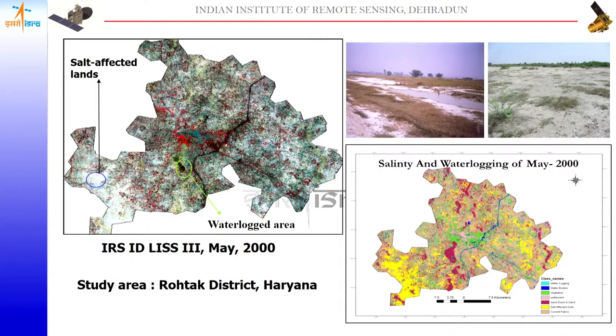So you can map the salt affected soils. You see the white color, and the yellow color is showing the salt affected soils.